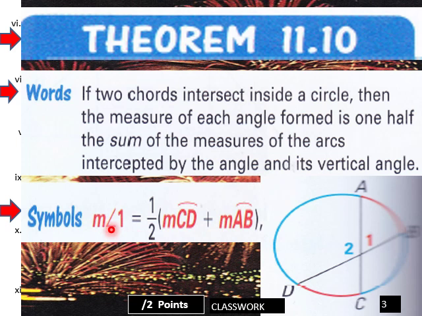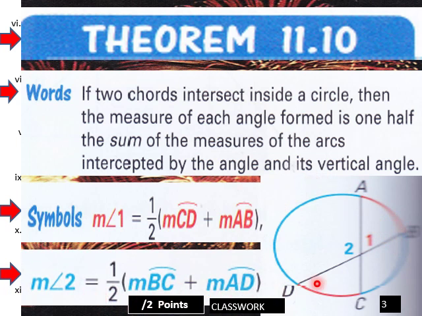So the symbols for measure of angle 1 would be 1/2 of the measure of arc CD, this is CD, plus the measure of arc AB. So the measure of angle 1 would be 1/2 of CD and AB.